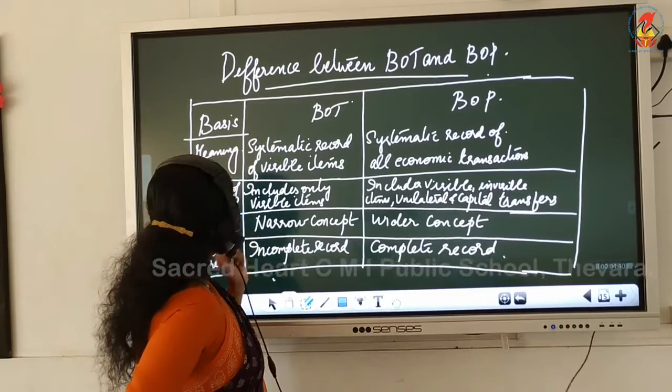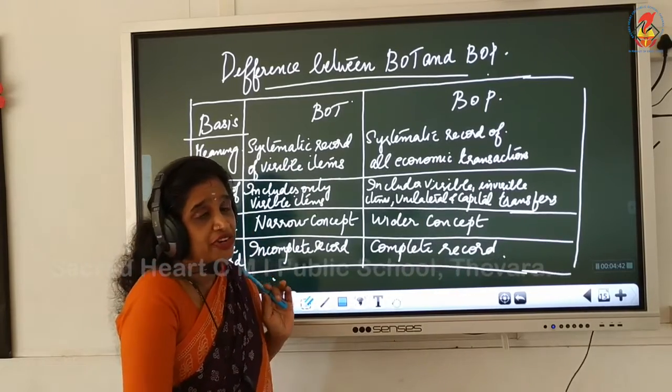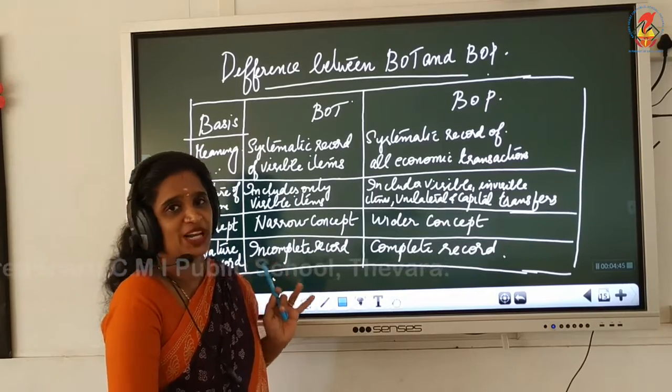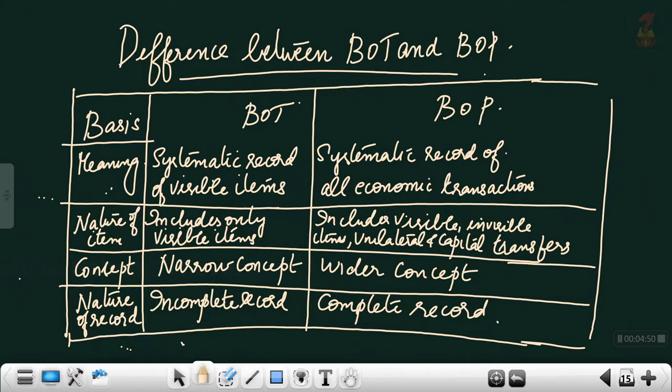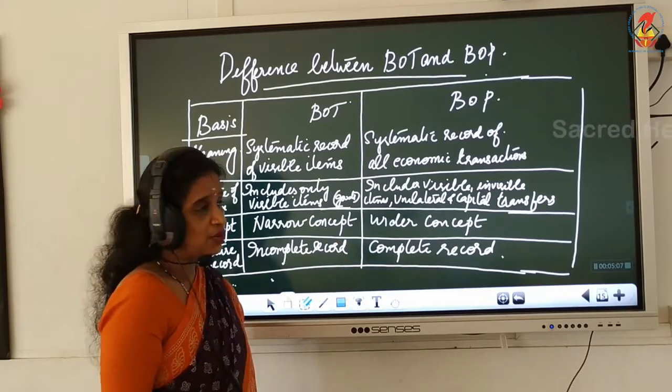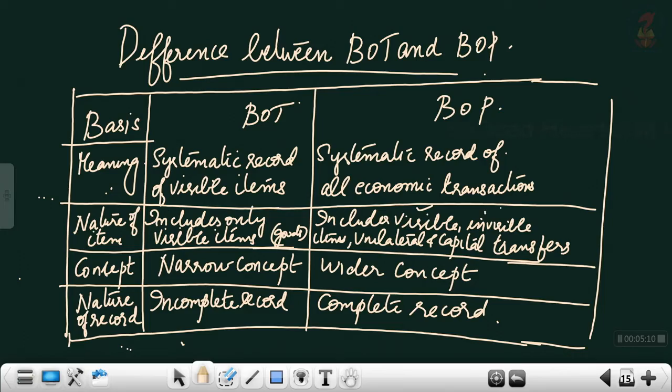Now, the next one, we are going to differentiate balance of payment and balance of trade on the basis of nature of the item. Nature: balance of trade includes only visible items. Visible items, that means only goods. But whereas balance of payment includes visible items, invisible items, unilateral transfers and capital transfers.